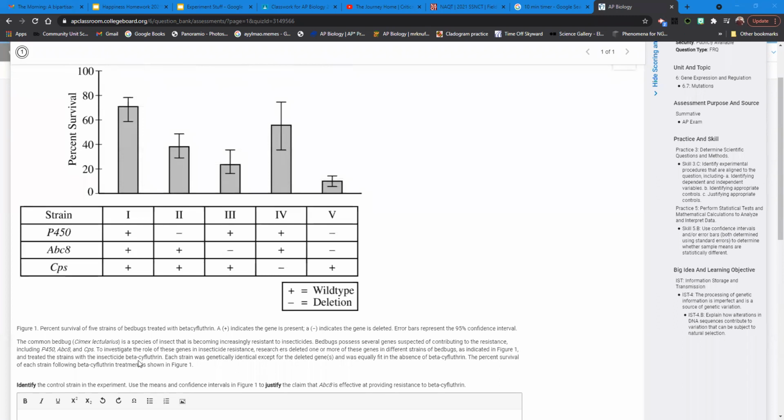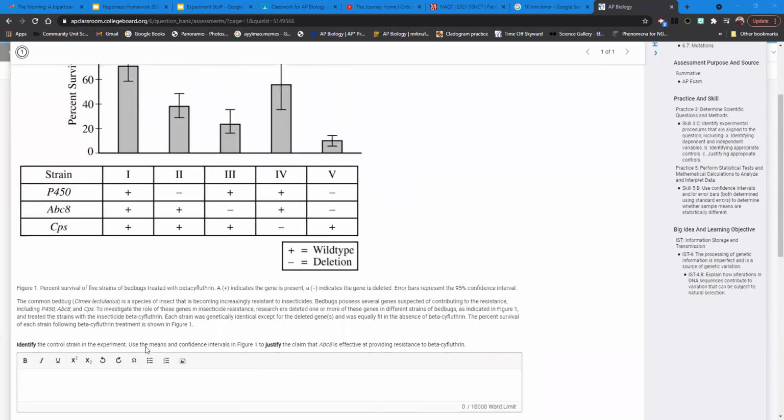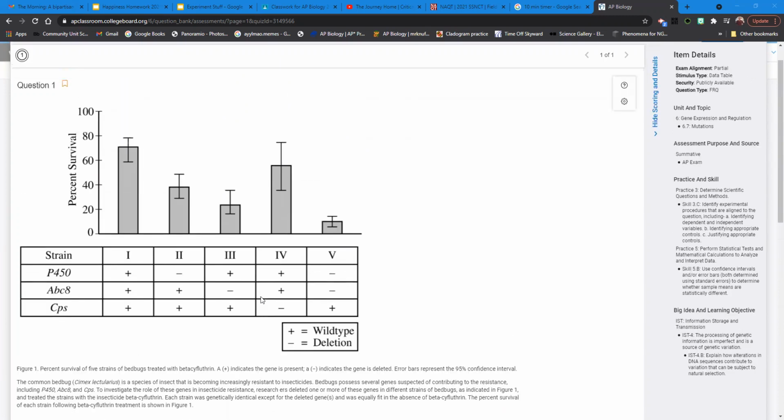And then the second point was use the means and confidence intervals in figure 1 to justify the claim that ABC8 is effective at providing resistance to beta cyfluthrin. So you needed to look at ABC8 and you needed to see where it was knocked out or where it was deleted.